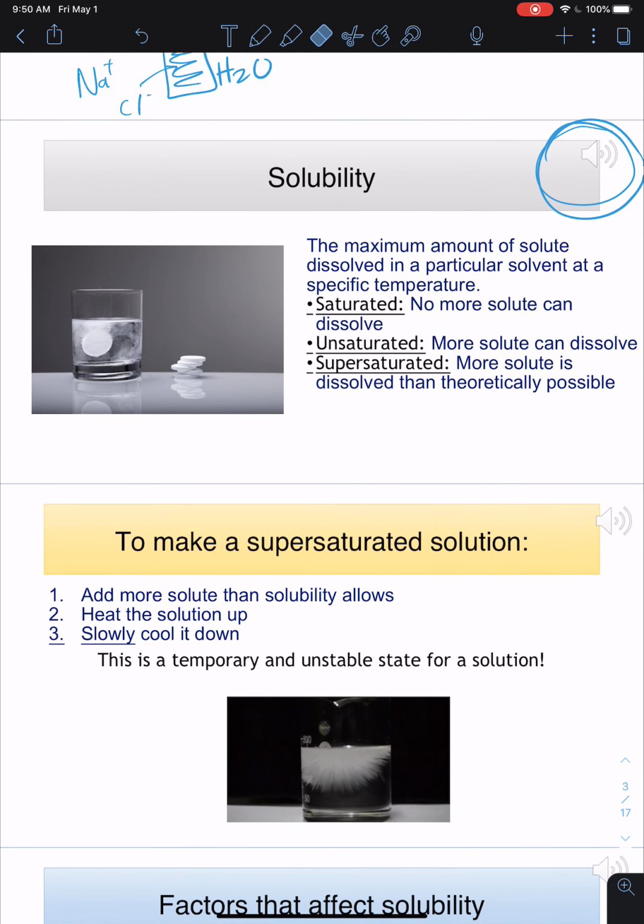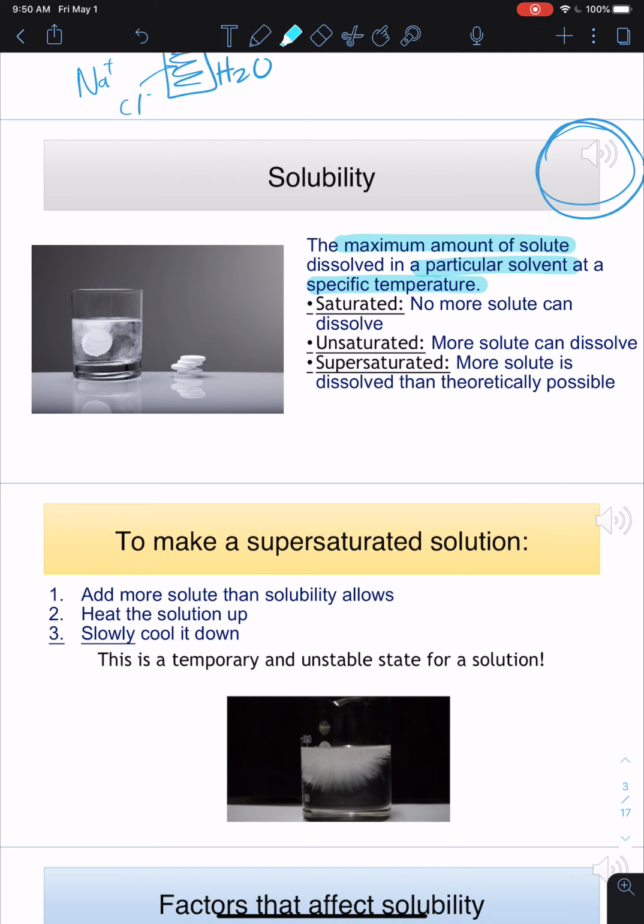Solubility is the maximum amount of solute, the stuff going in, dissolved in a particular solvent at a specific temperature. So if you change the solvent, then you obviously change the solubility, because some things are more or less soluble in certain solvents. And if you change the temperature, you also change the solubility. So it has to be a particular solvent at a particular temperature.